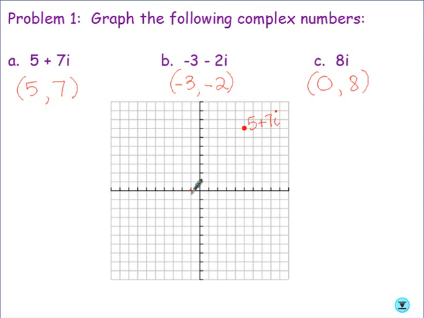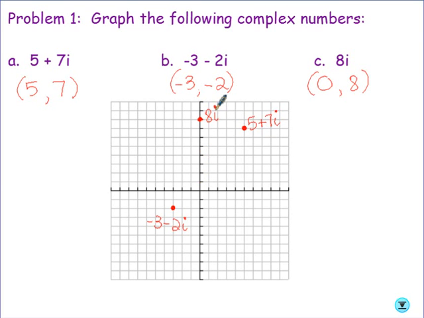Back to 0, left 3, down 2, put a dot, label it -3 minus 2i. Finally, the last one, 0 left and right, 8 up. 1, 2, 3, 4, 5, 6, 7, 8 up. Put your dot, label it 8i.